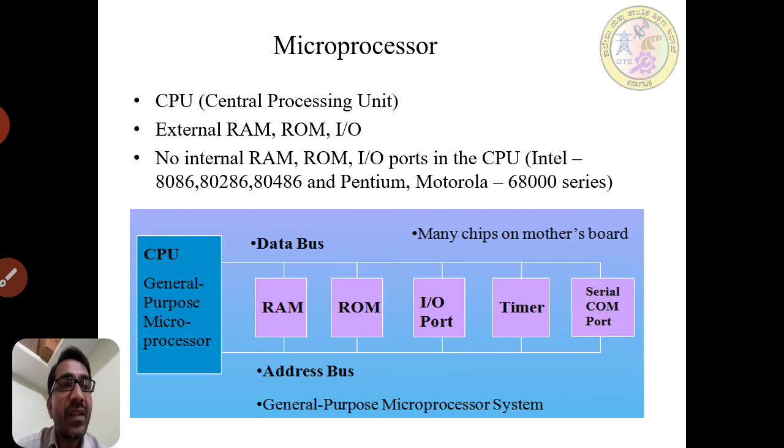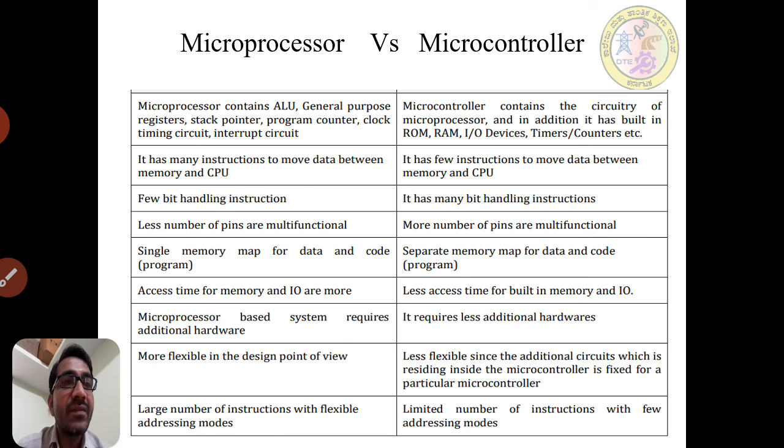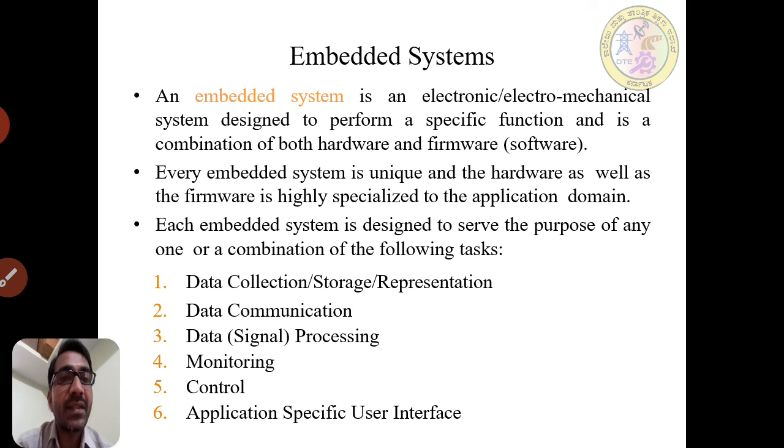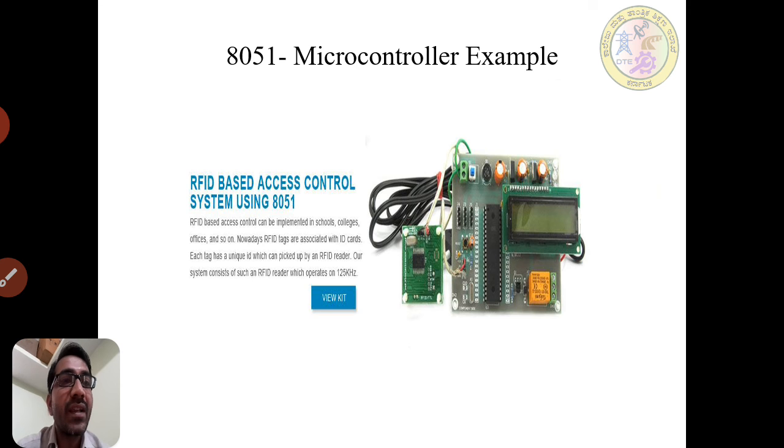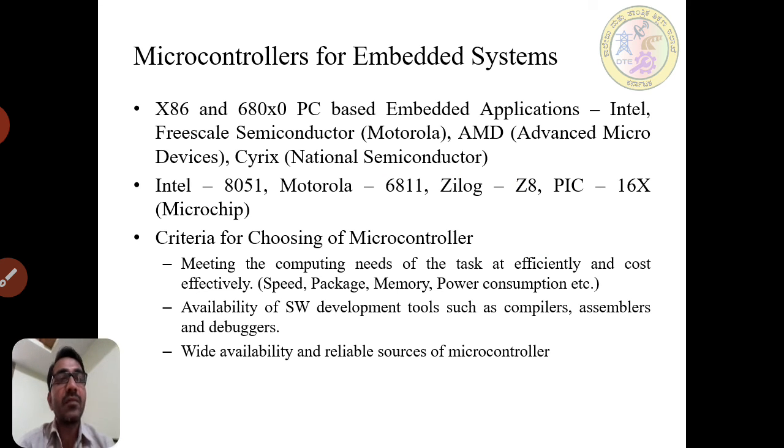The microprocessor has the CPU, and the peripherals are external, as ICs. We have seen the difference between both, what an embedded system is with examples and why it is required, the applications of the 8051 microcontroller, which microcontrollers we use for embedded systems, and the criteria to choose a microcontroller. So these 4 points.